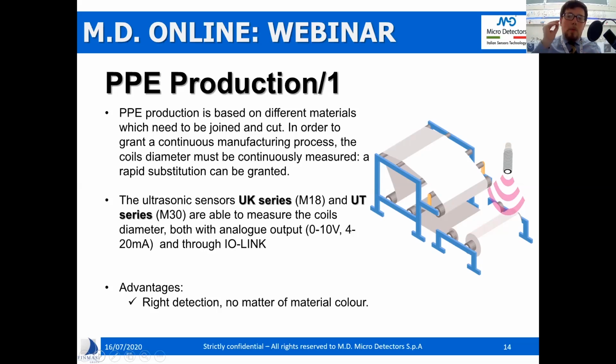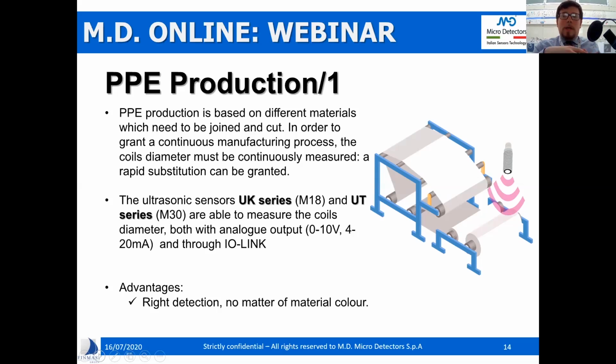So how can we continuously monitor the level of this material rolling up on the coil? Through the usage of an ultrasonic sensor that, with the analog output or with the IO-link communication, is able to provide us the right measure of the diameter of the coil itself and provide us the information about the eventual substitution of this rolling material.